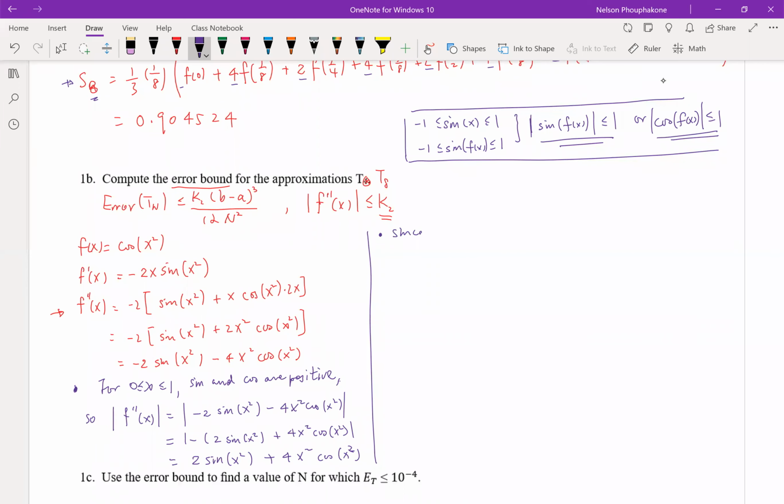And also sine of x squared is less than or equal to 1. Cosine of x squared is less than or equal to 1. And x squared is less than or equal to 1 because remember, x is between 0 and 1, right?